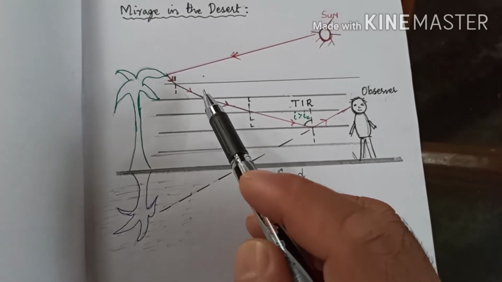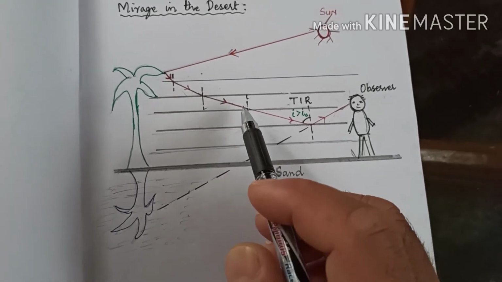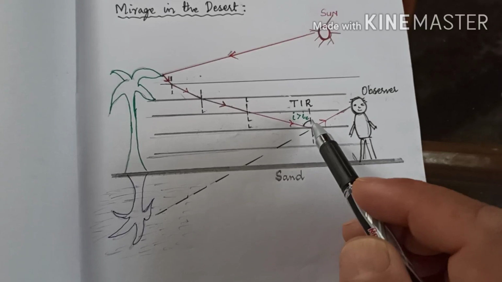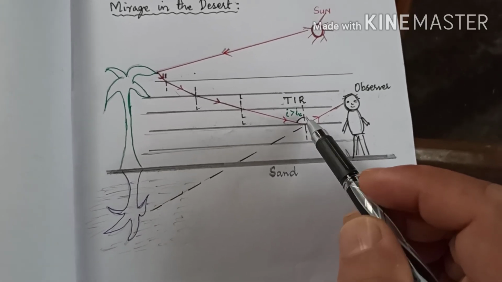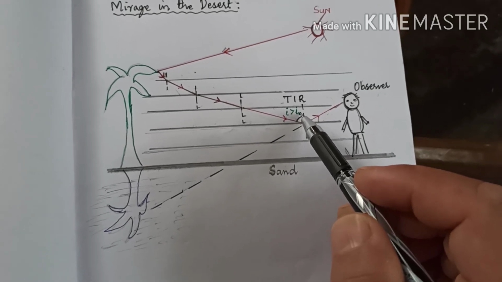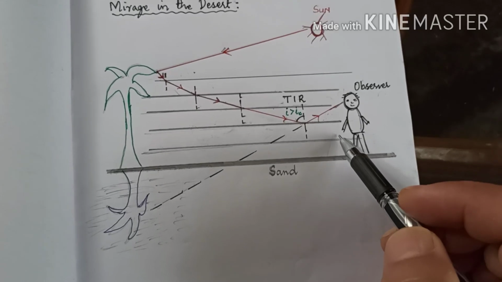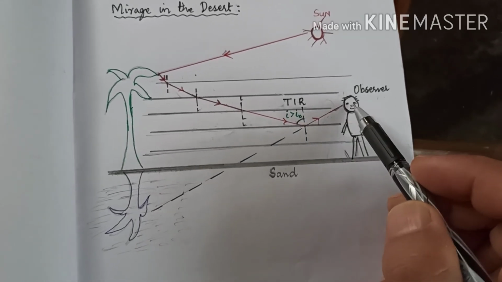Similarly, at each layer, refraction takes place and light bends away from the normal until at some point the light is incident at an angle greater than the critical angle. So light, instead of undergoing refraction, undergoes total internal reflection and reaches the eye of an observer.